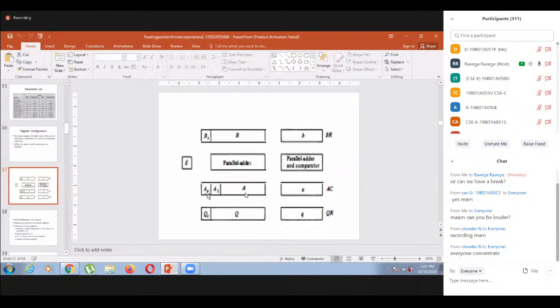The first one is AS, which is represented as sign magnitude, and A1 is represented as the most significant bit of the normalized number.